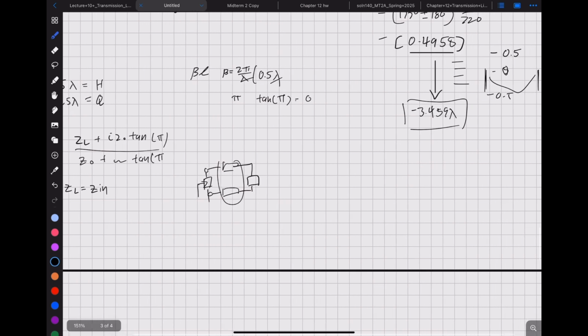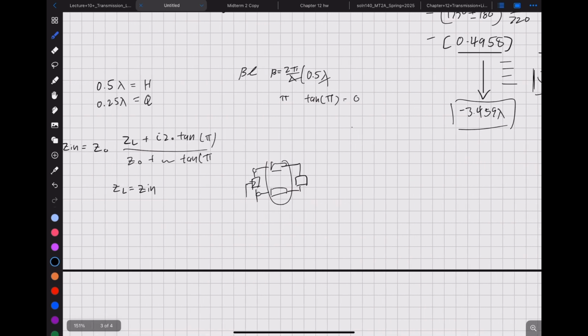Next, the quarter wave. So we're going to have the same equation. We're going to have beta using the phase constant over lambda, times 0.25 lambda. Okay, lambda, these cancel. Divide that by 2 over 4, and we're going to have pi over 2. Tangent of pi over 2 is infinite.